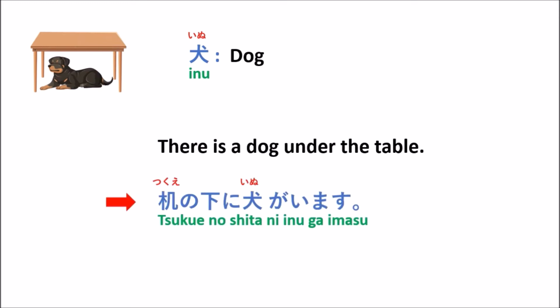You can say 机の下に犬がいます。 Tsukue means table and shita means under. So tsukue no shita means under the table. Inu ga imasu means there is a dog. It's a very simple sentence, so you have to remember it: tsukue no shita ni inu ga imasu.